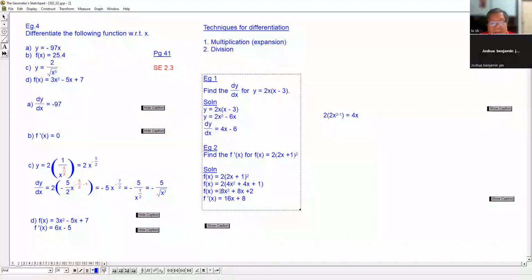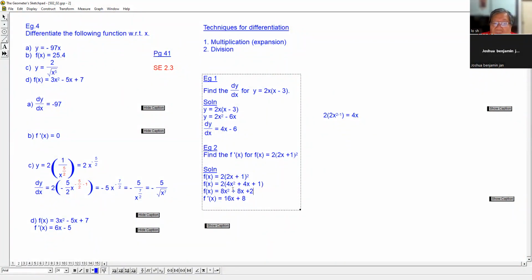Until this step, you only expanded, you didn't differentiate. So this function is still called f(x). After you differentiate it, it is called f prime x.